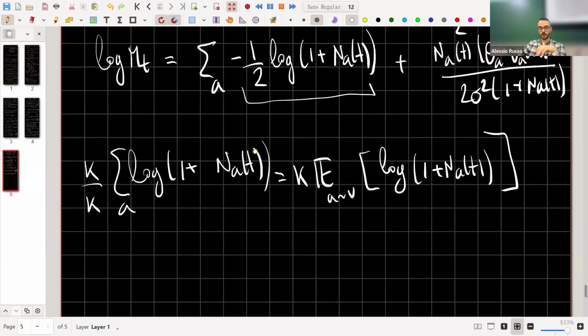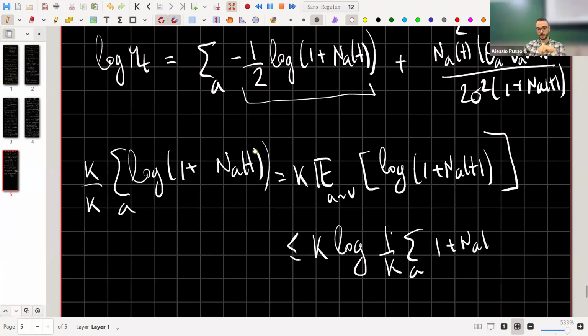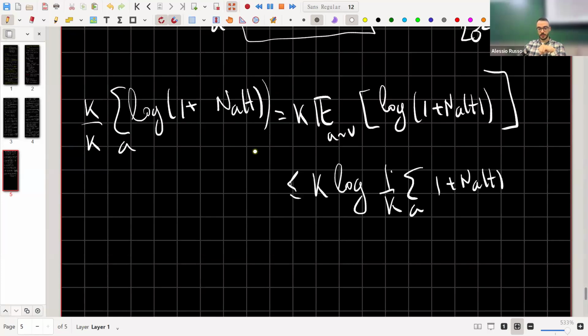And by Jensen inequality, since log is concave, this is smaller than k log of the expectation of 1 plus n at, which is simply 1 over k sum over a of 1 plus n at. And this becomes k log 1 plus t divided by k. So this is the second term that appears in the threshold rule.